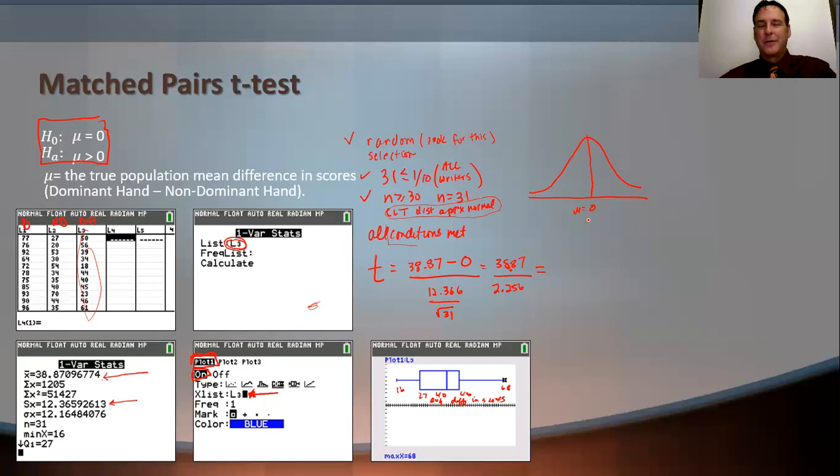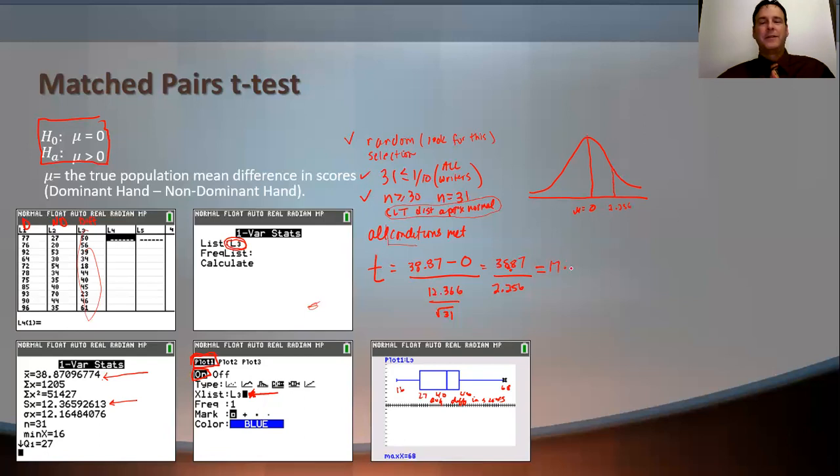So this is basically with a mean of 0, one standard deviation is 2.256. But you can see that your t is going to be super huge. So let me do this right now. 38.871 divided by, actually I have it on my phone, gives you 17.2.